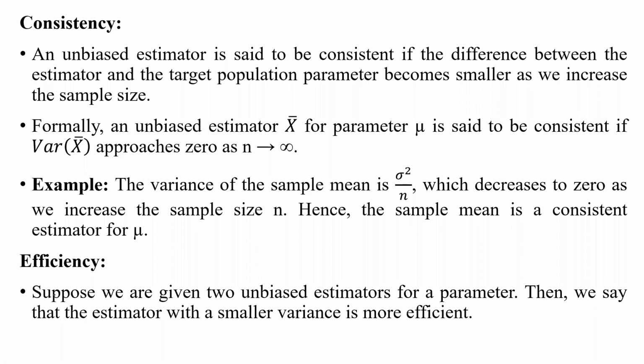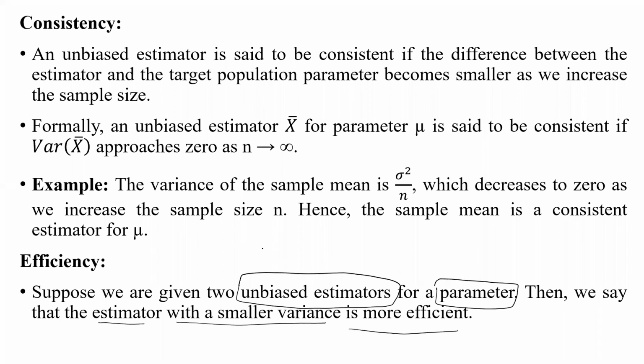All right, efficiency. Efficiency has to work with two unbiased estimators. So if we have two unbiased estimators for a population parameter, it can be any parameter, mean or variance, then we say that the estimator with a smaller variance is more efficient.